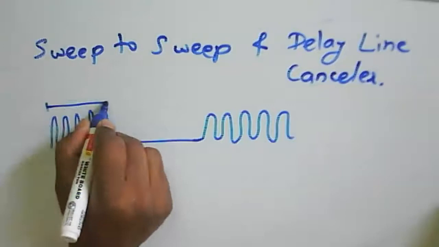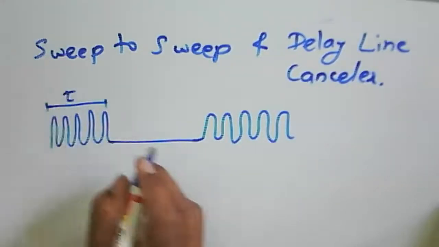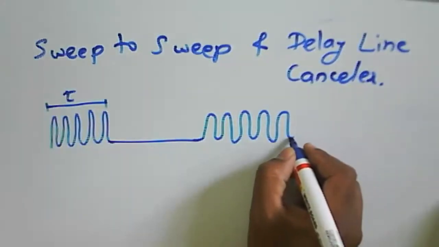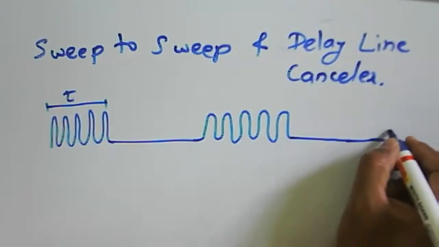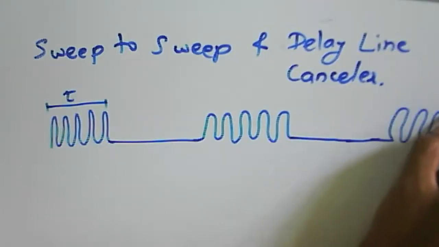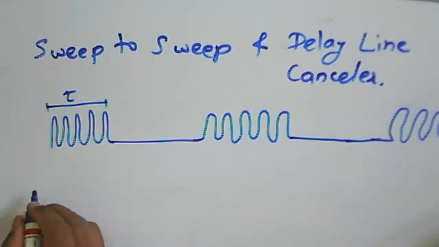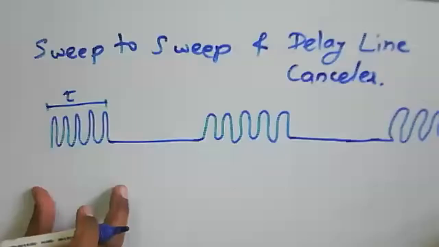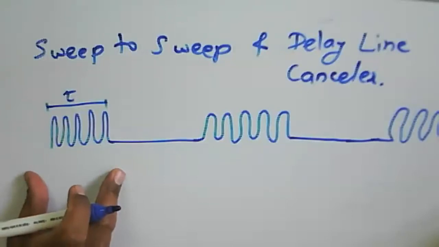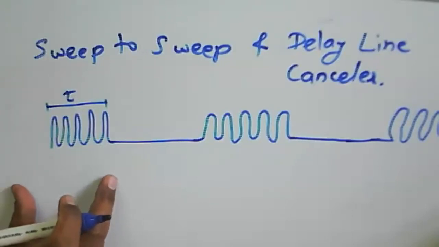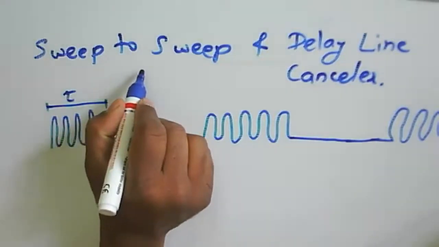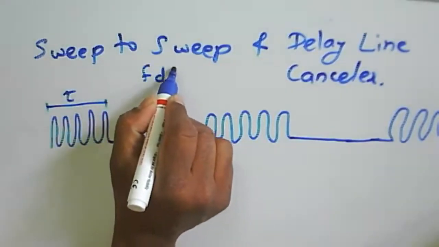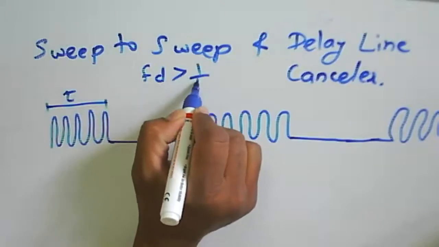For the single pulse, this is about the width. This one is a train of echo pulses. Now, for the given pulses, we get the video pulses after the phase detector. In that case, FD is greater than 1 by 2.